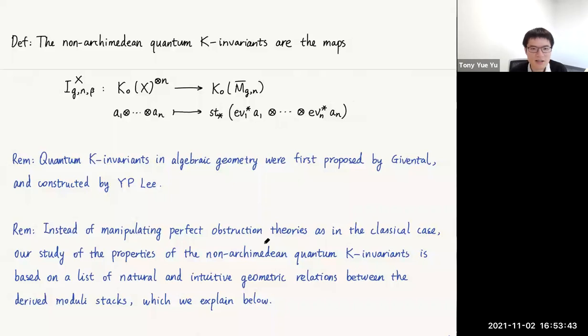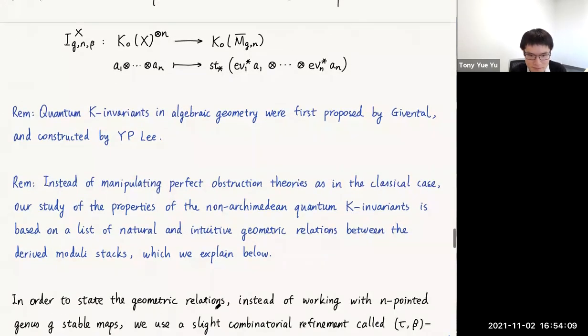And here, we no longer work with obstruction theories. We just have this derived enhancement, and we have a list of very intuitive geometric relations between the derived stacks, just as between the classical stacks, but somehow they are sufficient to give all the properties we need.